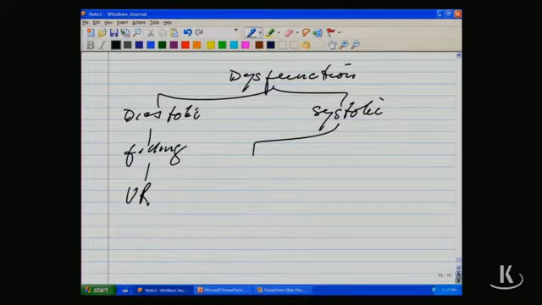We can say that systolic dysfunction is linked to two overall pathophysiologies or overall etiologies, what we can call pressure factors or volume factors. Pressure overload, volume overload. What do we mean by pressure overload?